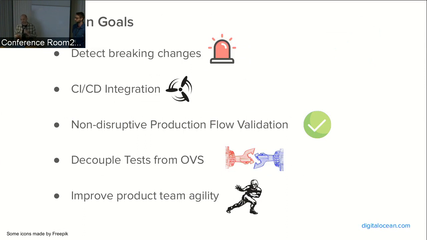Another benefit is the ability to test our data path on live hypervisors, both in staging and production without any production disruption. And another important factor was making sure we were decoupling the framework from OvS details so that it wouldn't become brittle to changes as OvS evolved.